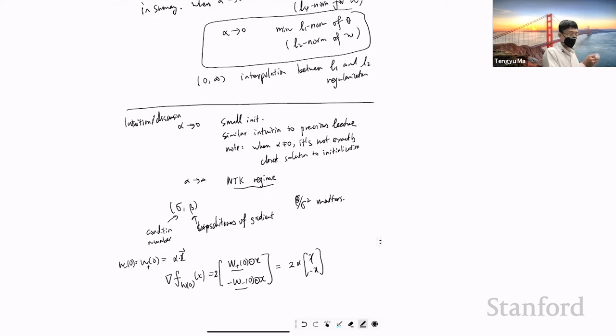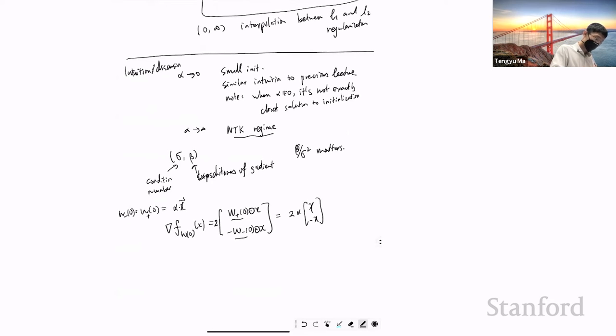Now you can see that sigma and beta both depend linearly on alpha. What is sigma? Sigma is the condition number of the gradient matrix, the feature matrix that consists of the gradient for every data point, and the condition number scales linearly in alpha.